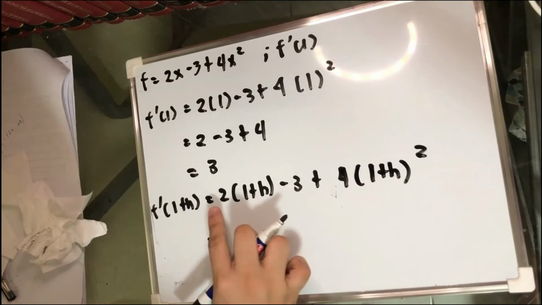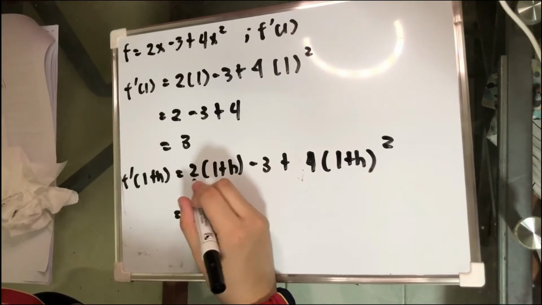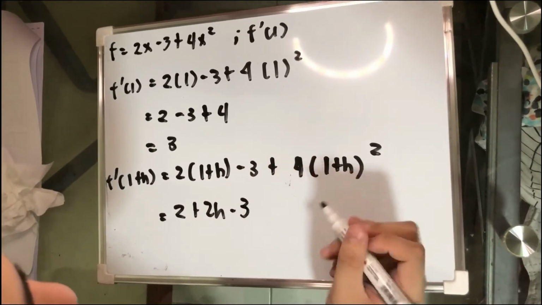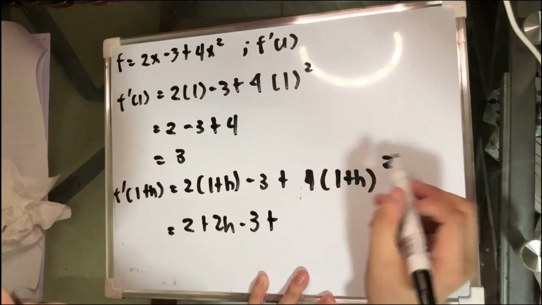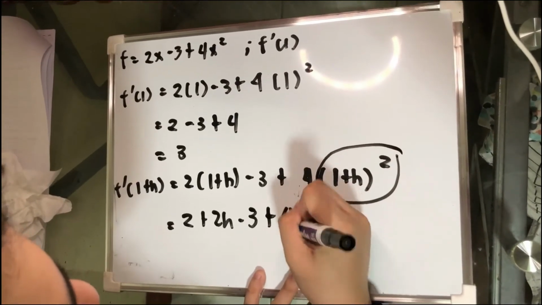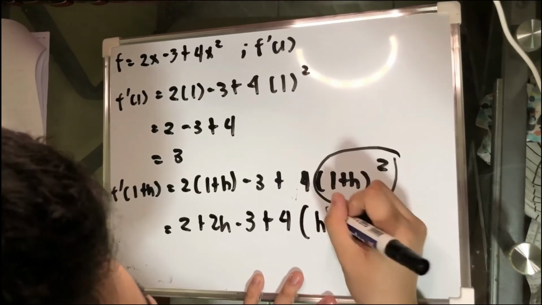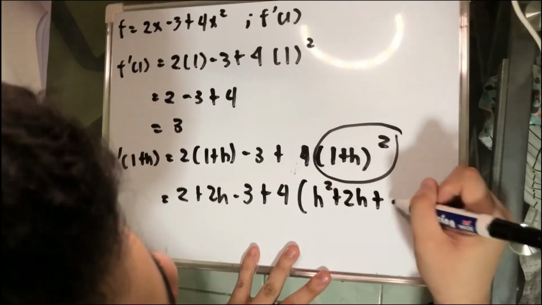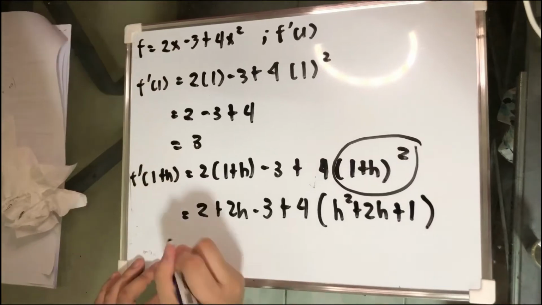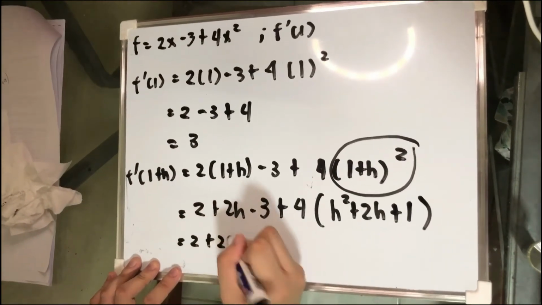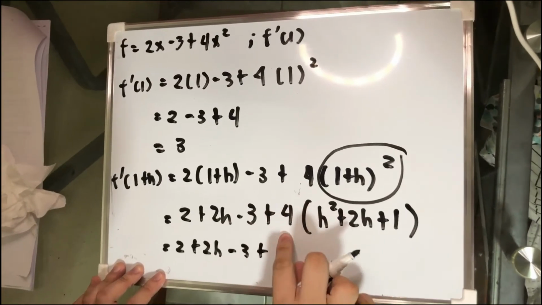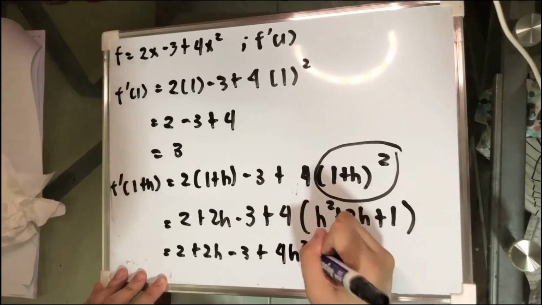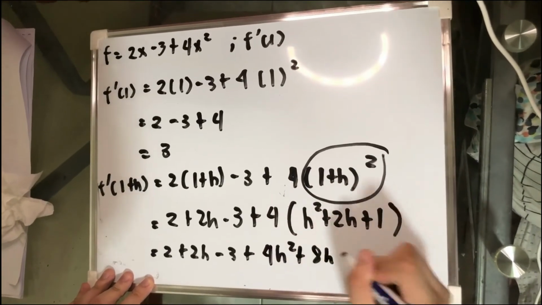So distribute the 2 to this equation. 2 times 1 is 2, plus 2 times h is 2h, minus 3 plus, first get the value of this, which is 4 times the quantity of h squared plus 2h plus 1. Distribute the 4 to this equation: 4h squared plus 8h plus 4.